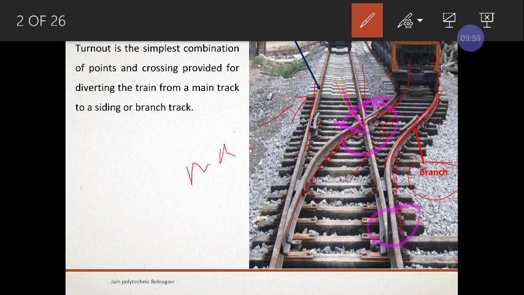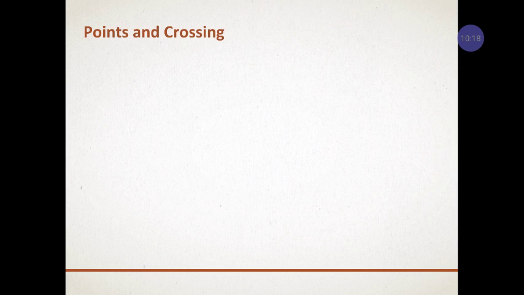So that there should not be obstructions to the flange, such an arrangement is made so that it moves freely without any hurdles. Those arrangements are called crossings.